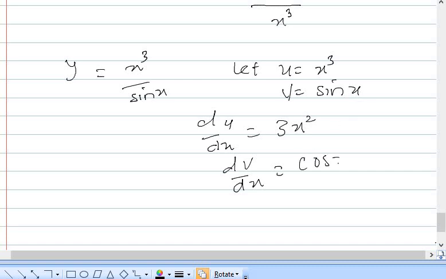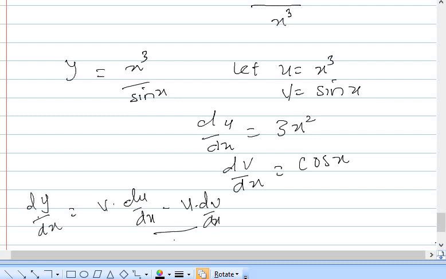So we should apply this to our formula, which is dy by dx equal to v du dx minus u dv dx, over v squared.